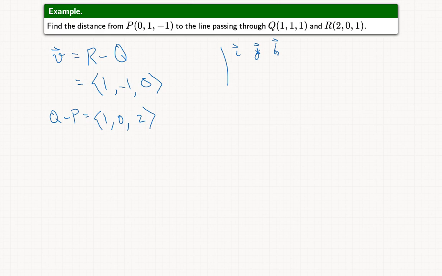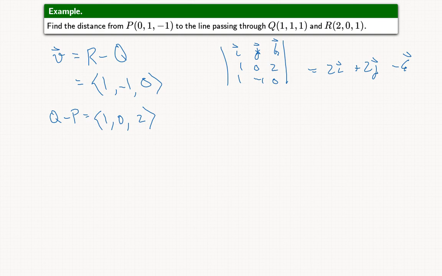So that'll give us 1, 0, 2, 1, negative 1, 0. And that becomes 2i plus 2j, and then that'll be minus k.